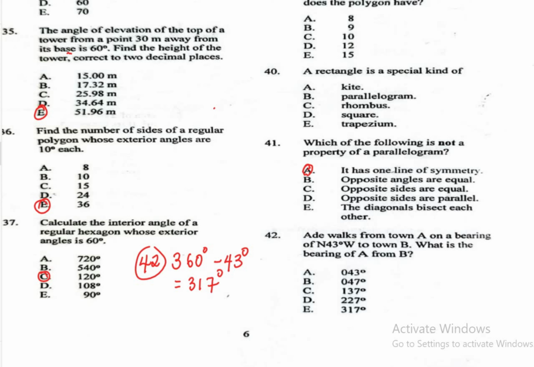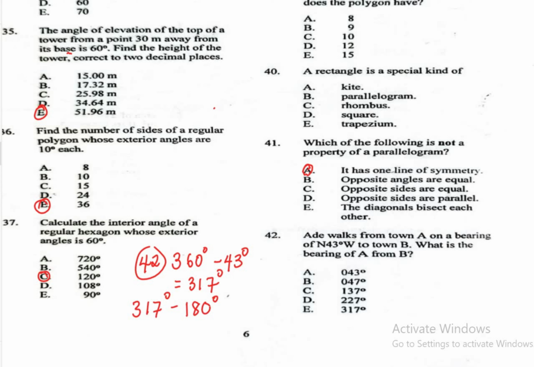We can also do it this way. From B to A, we just reverse the direction. The reverse bearing is always, you have to subtract 180 degrees from 317 degrees. What will that give you?